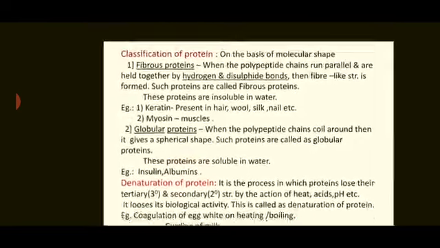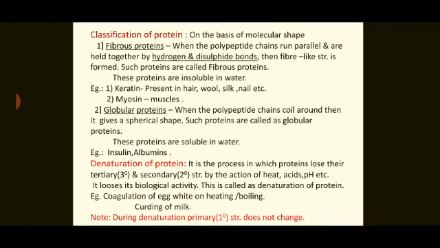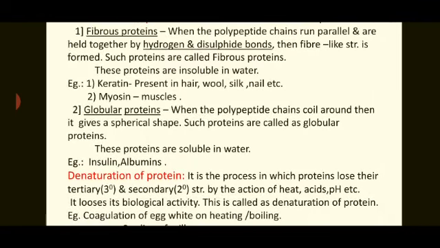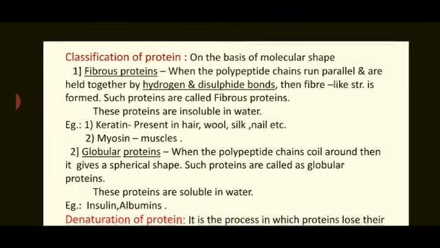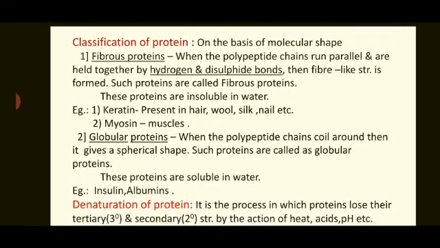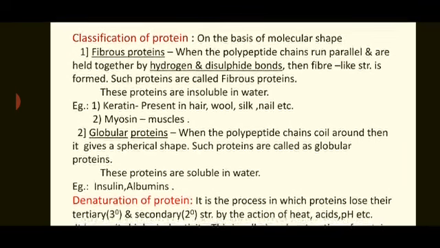How are the proteins classified? On the basis of molecular shape, they are classified as fibrous proteins and globular proteins. When polypeptide chains run parallel and are held together by hydrogen and disulfide bonds, then a fiber-like structure is formed. Such proteins are called fibrous proteins. This we have seen in the tertiary structure of proteins.